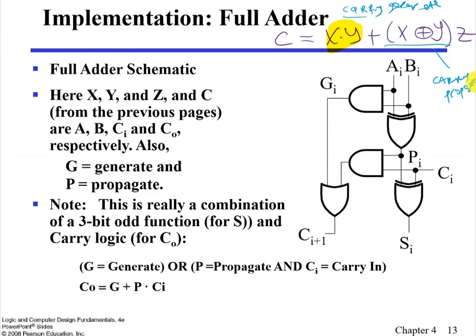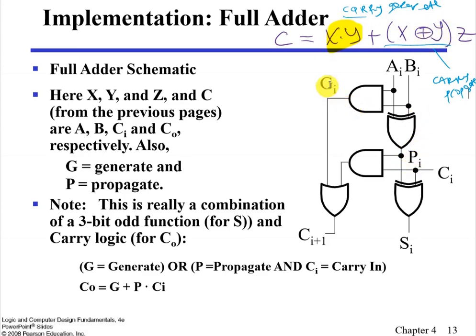All right. So now, if we take a look at this schematic here, we have G denoting the carry generate, and P denoting the carry propagate. What are they?